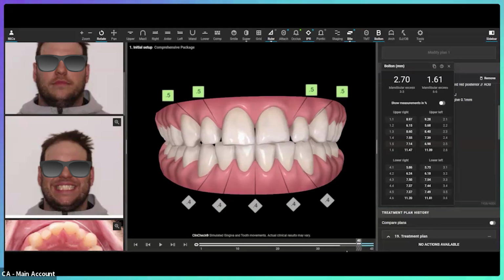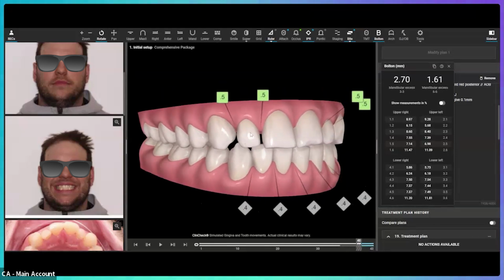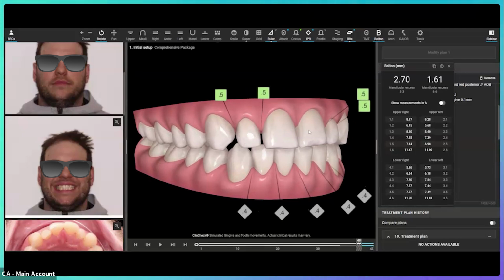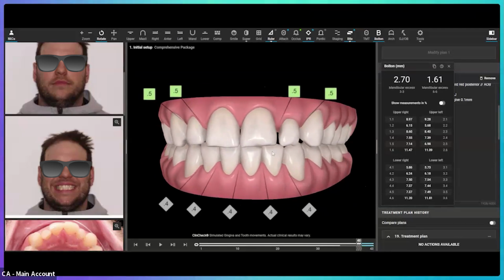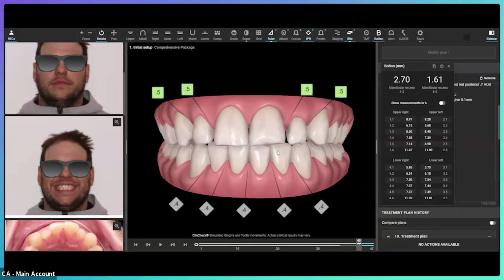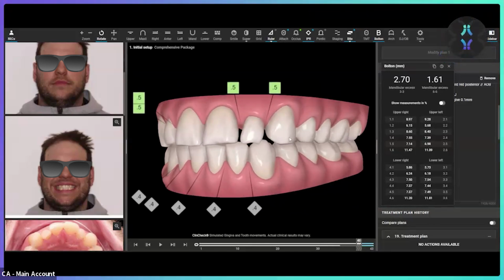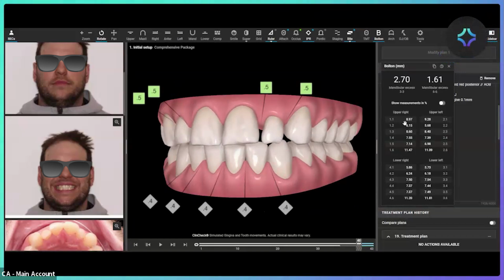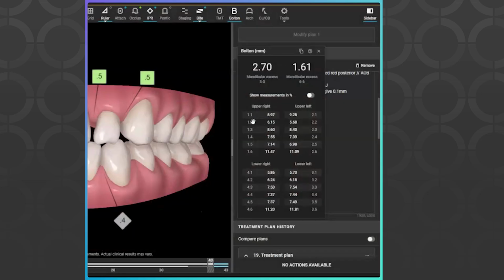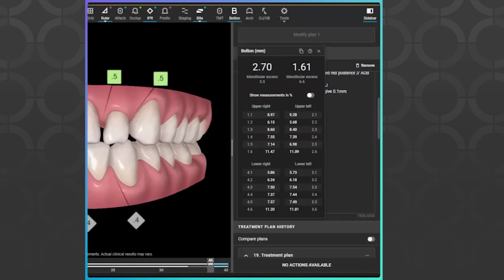Part of this will be through buildups. That's why we've asked the technicians to leave us 1 millimeter of space around the lateral incisors. Now, we could have, and maybe should have, left the spaces slightly asymmetric, because if you look at the table here, it tells you that the 1, 2, so the lateral on his right side, for the Americans who are watching this right now, is 6.1, whereas on the left side, his upper left lateral is about 0.5 millimeter smaller than that.